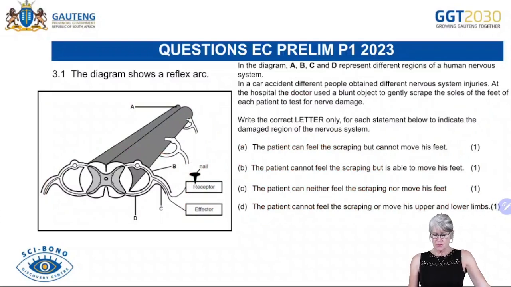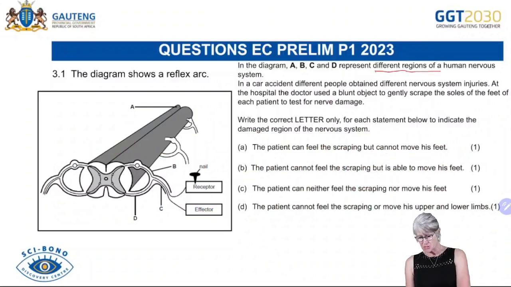Okay, now this question, and I know there's a lot of learners, and examiners often ask this kind of question. So they've said here, let's have a look again. In the diagram, A, B, C, and D represent different regions of the human nervous system. Then they say, in a car accident, different people obtained different nervous system injuries.